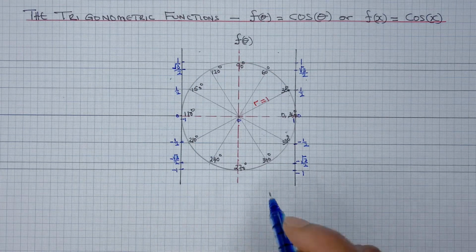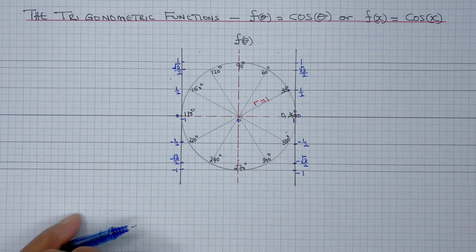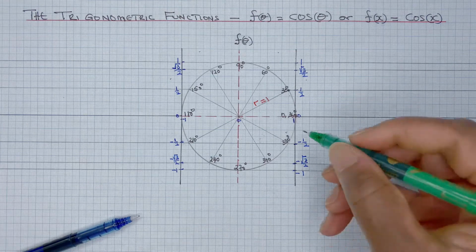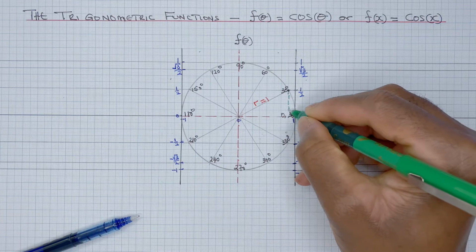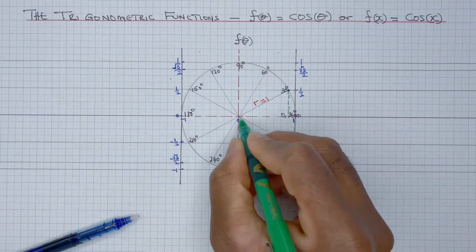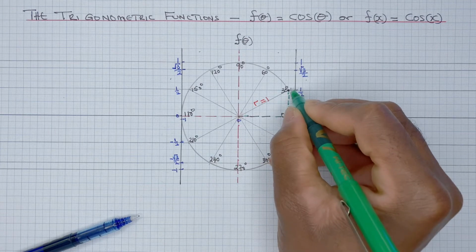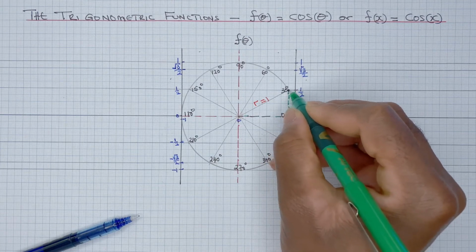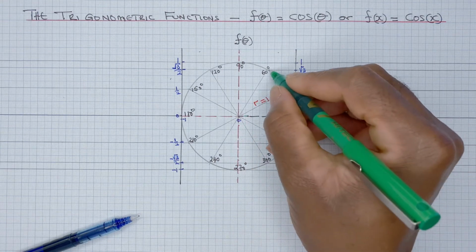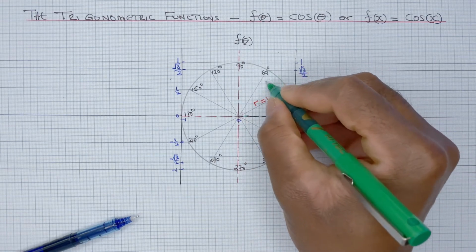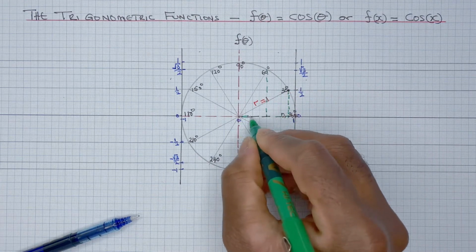Now the value of cos theta we're looking at, if we project this line, that's the y value, and this bit here is the x value of that coordinate x and y. This coordinate has x and y. This is the y value, and this is the x value. Likewise, this coordinate has x and y, so that's the y value, and this is the x value.